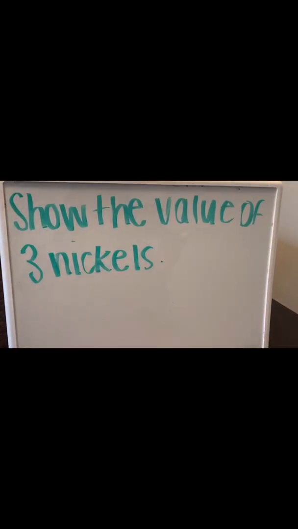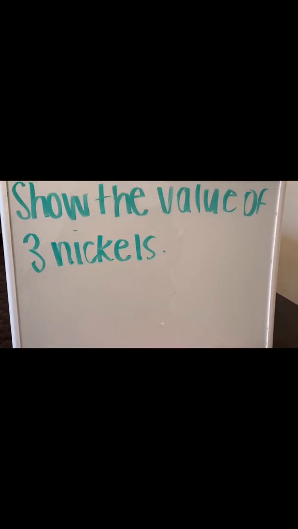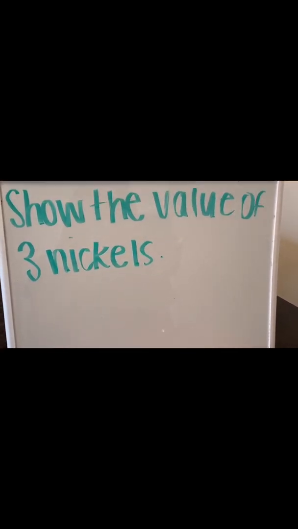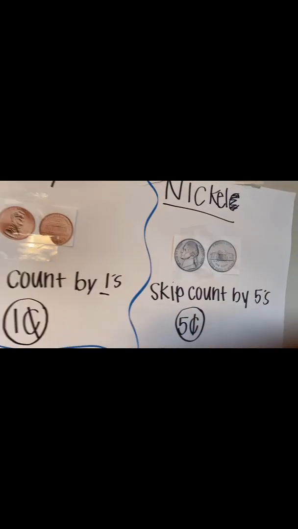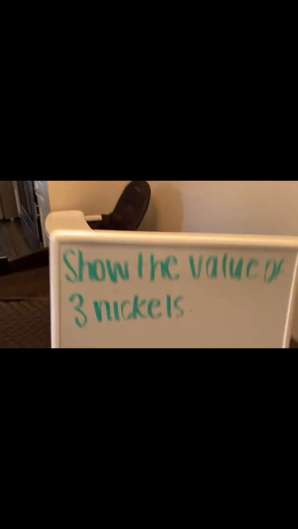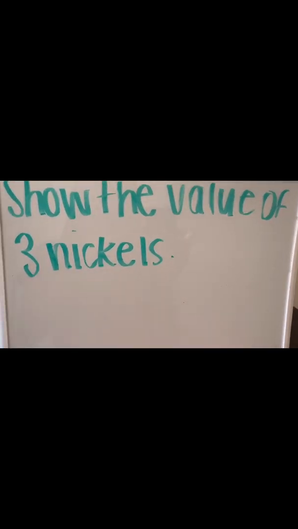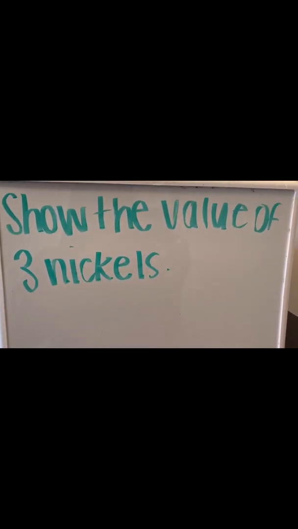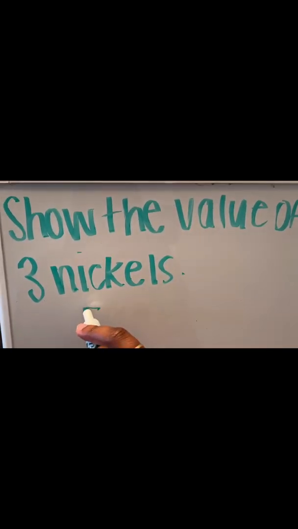All right, so say for instance, you may see something like this, where you will show the value of 3 nickels. If you revert back to our anchor chart, which is over here, nickels are worth 5 cents. So if I want to write a repeated addition sentence to match, I will write 5.